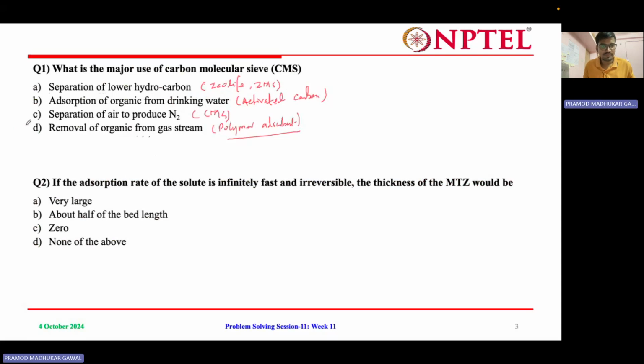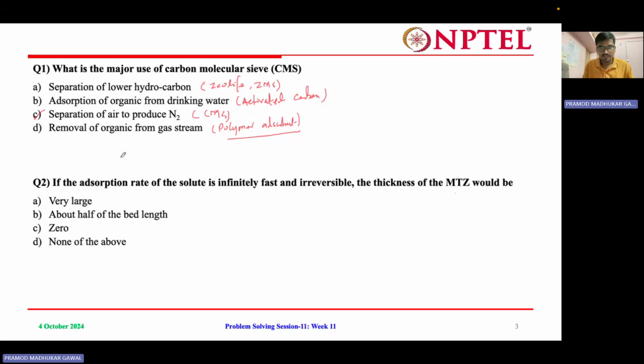Question number 2. If the adsorption rate of solute is infinitely fast and irreversible, the thickness of the mass transfer zone would be. If the adsorption rate is infinitely fast and irreversible, the solute will be adsorbed immediately upon contact with the adsorbent, leaving no time or region for a gradual mass transfer.